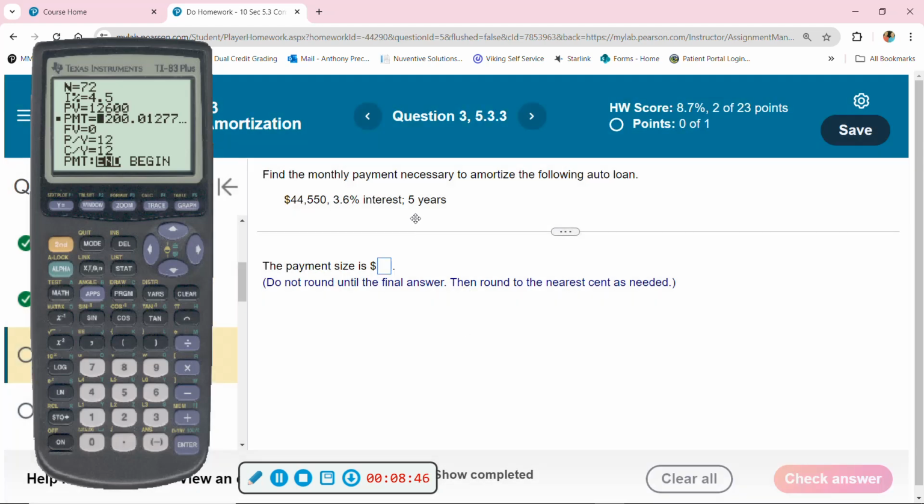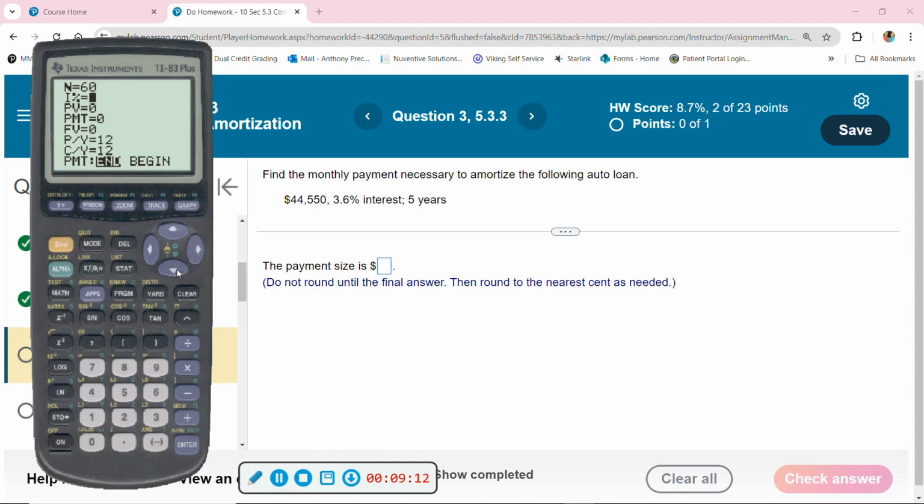Let's see the next one. Same type of problem. I paused for a second to clear out that calculator so all those numbers aren't there. Find the monthly payment. 5-year loan, so 5 times 12. That's going to be 60 payments.